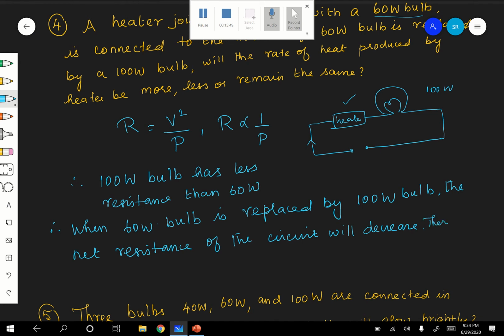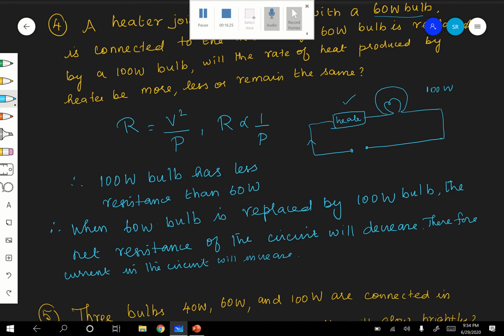The current in the circuit will increase. Current is increasing. Once you are replacing 60 watt with 100 watt, the current in the circuit is increasing. Very good.